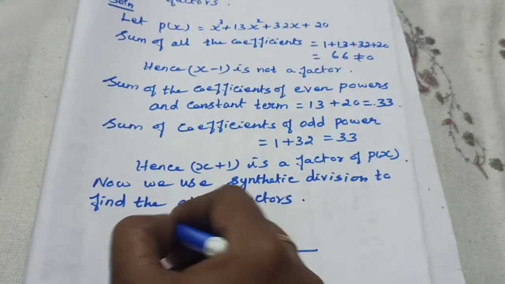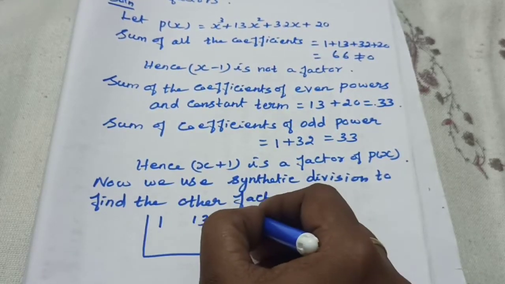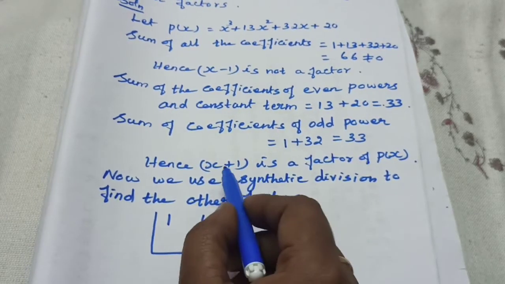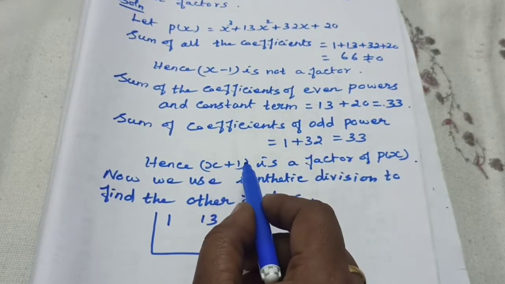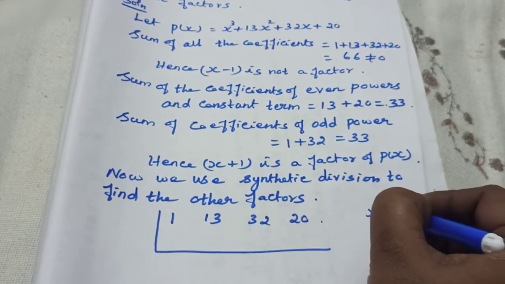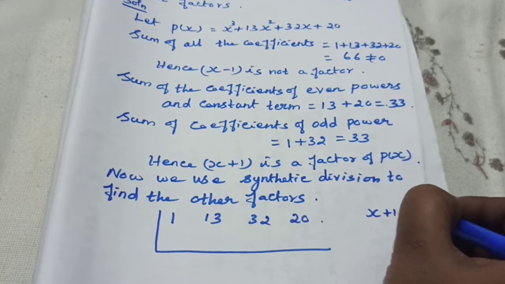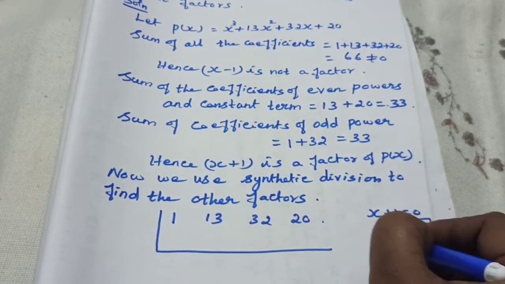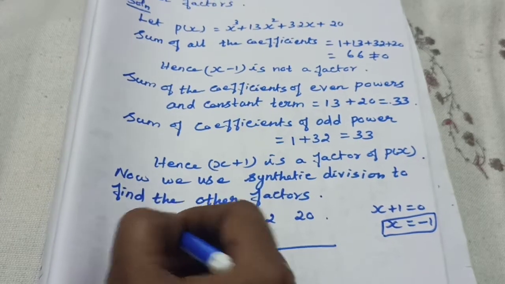All coefficients you should write: 1, 13, 32 and 20. And one factor we found is x plus 1. Therefore, x plus 1 equal to 0, so x equal to minus 1. This x equal to minus 1 we have to write here.